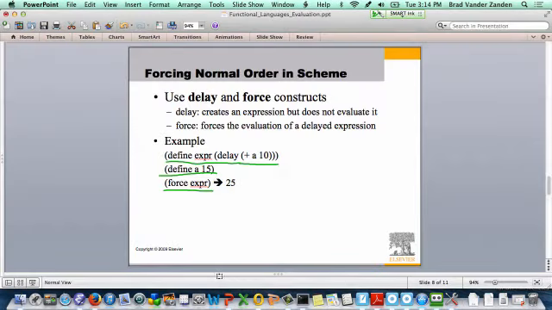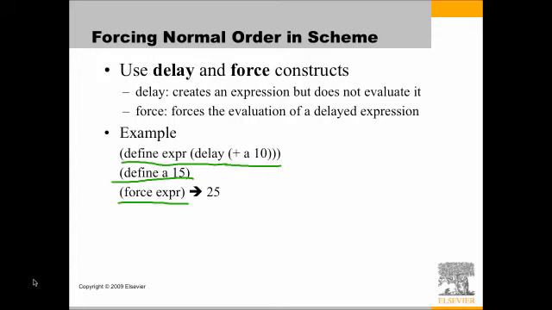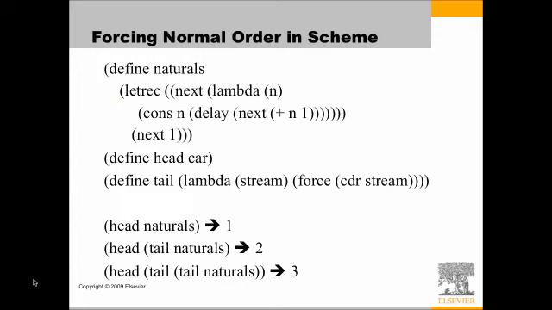Okay, let's take a look at a more useful forcing of an expression and the more common use. This example is given in the Scott text, and it is enumerating the natural numbers. Well, if we are enumerating natural numbers, that's an infinite stream, and we don't want to do that. We may just want to process them one at a time.